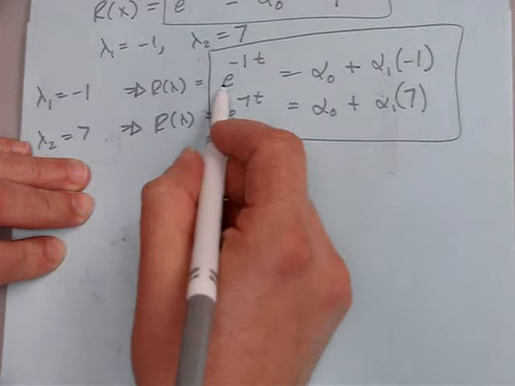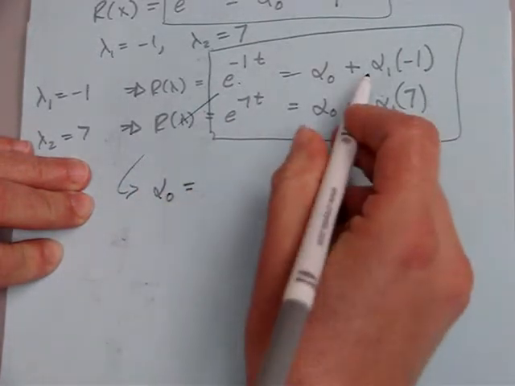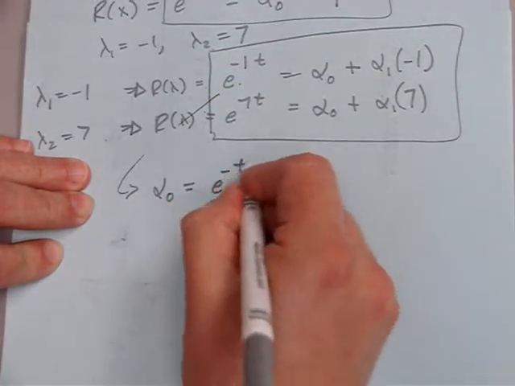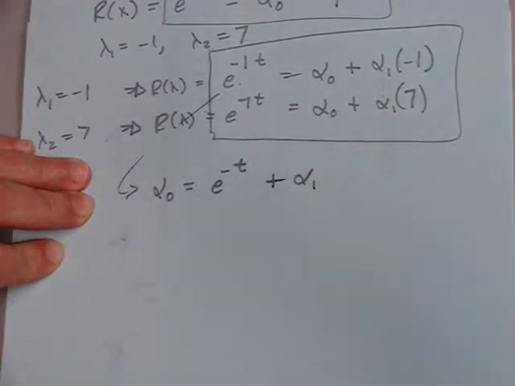Let's just take the first one. Say alpha 0 equals, bringing the negative alpha 1 to the side, e to the -t plus alpha 1. Okay?